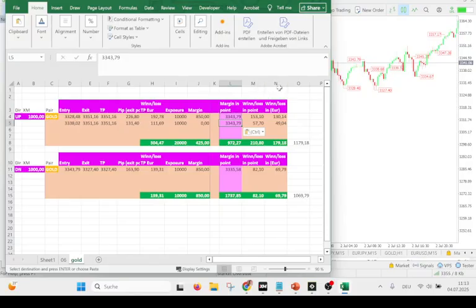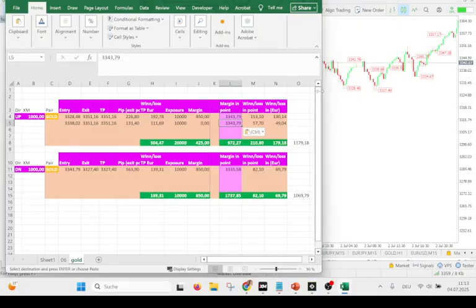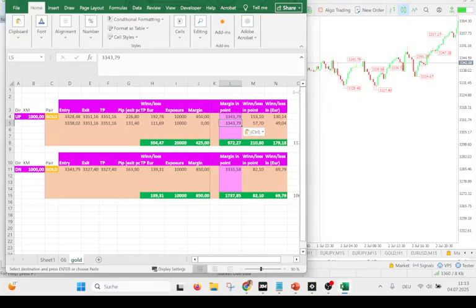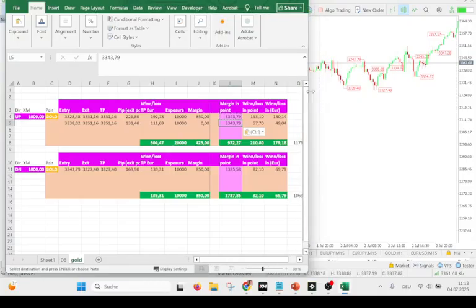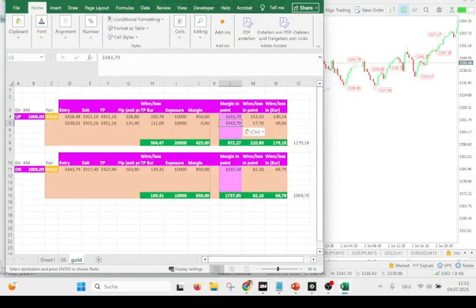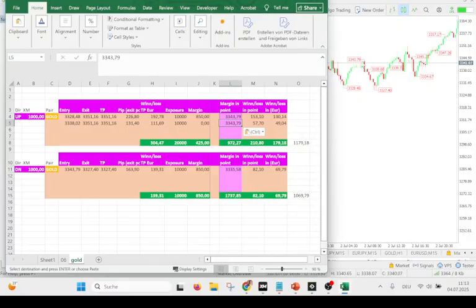So entering here at this point, here we would have had maximum profit, but then it goes down. Let's say I didn't stop here, so I am at this point right now, 3338.68. One second.